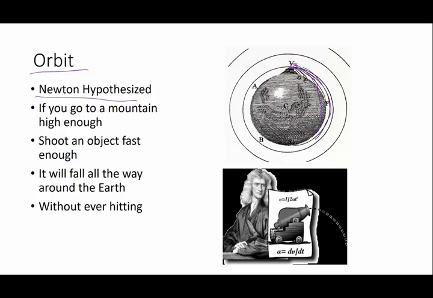And Newton hypothesized that if you could launch something sideways with enough velocity, it would fall all the way around the Earth without ever hitting. This sketch, the original one without my doodles on it, was from one of the books of Sir Isaac Newton. So he was hypothesizing putting things in Earth's orbit hundreds of years before we actually tried it back in the 1950s and 60s.